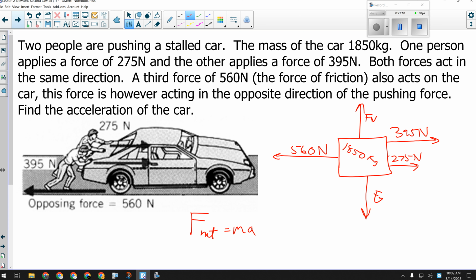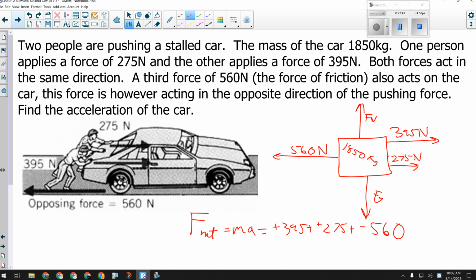Since these are forward and backward, can I assign positive and negative to that? I don't need a vector diagram here. It's hard to diagram collinear forces anyway. So I'm just going to go positive 395 plus positive 275 plus negative 560. That would be the vector sum.